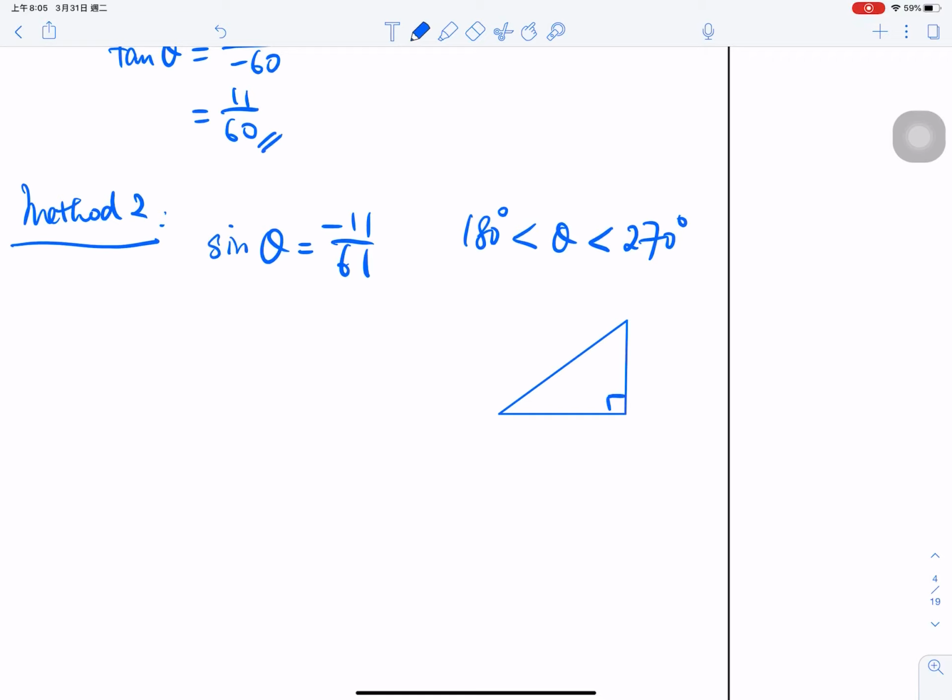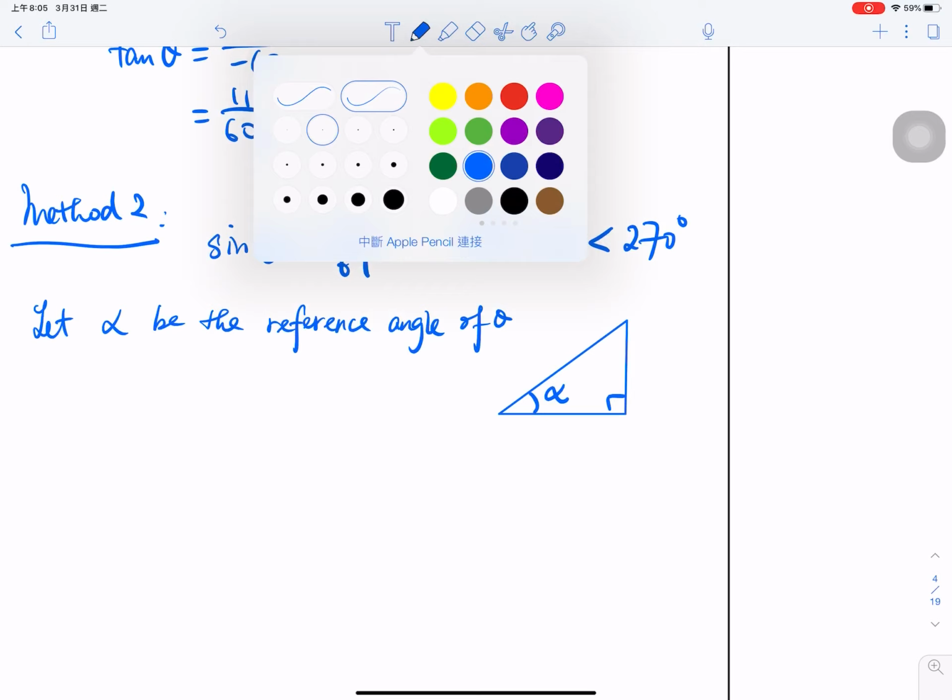Yeah, and this one, please pay attention. We need to use another symbol, alpha. Then I say let alpha be the reference angle of theta. Reference angle in Chinese is 參考角.